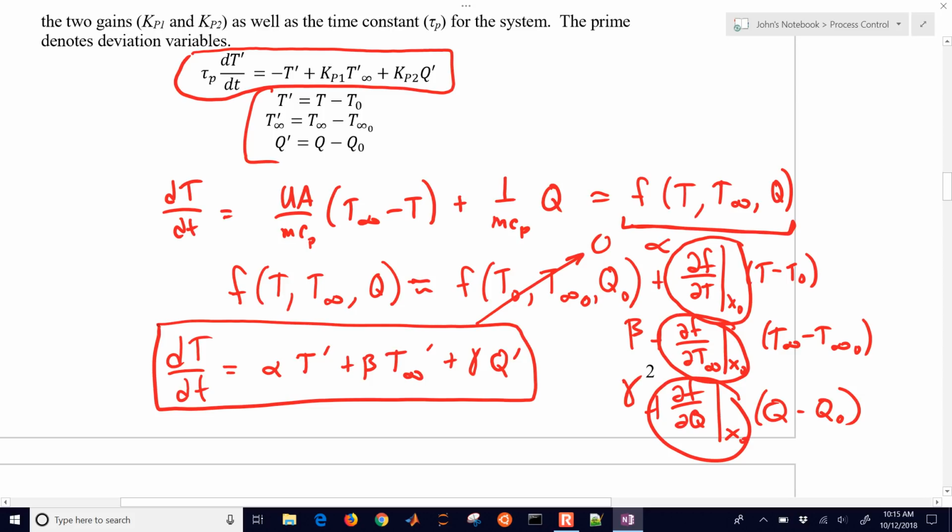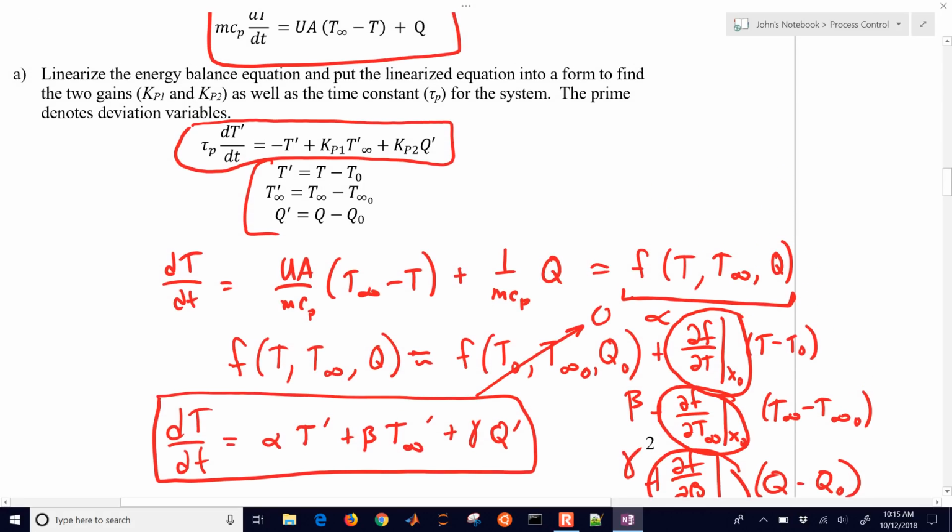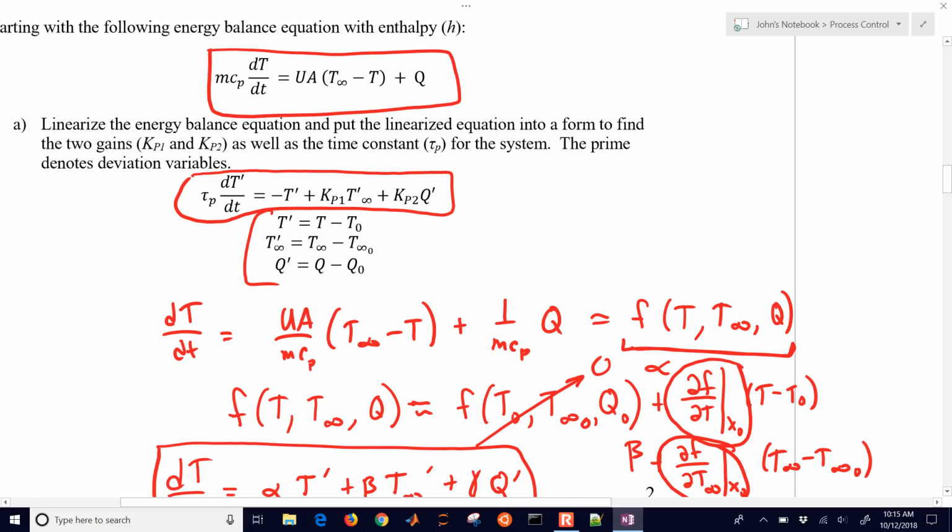So let's get alpha first. For this one, we just need to take the partial derivative with respect to temperature. Here is the equation. I needed to divide by mC sub p, so I'll start with this one instead.